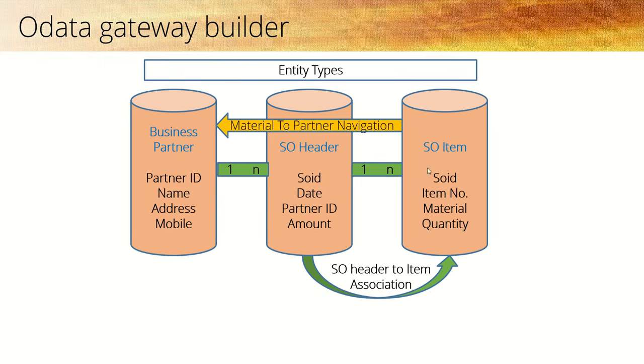First, we access this entity, passing the material ID. Then we go to SO header. From here, we select the partner ID, and from this partner ID, we fetch the partner ID along with other fields from the business partner entity. This is called navigation. It means we are navigating from one entity to another entity.